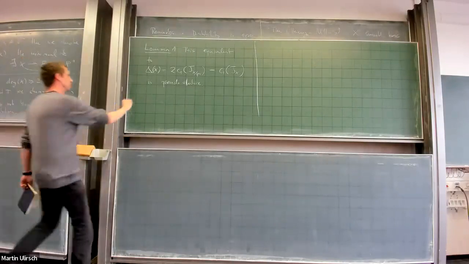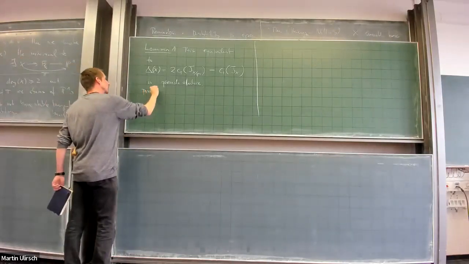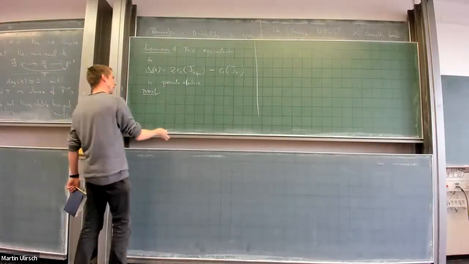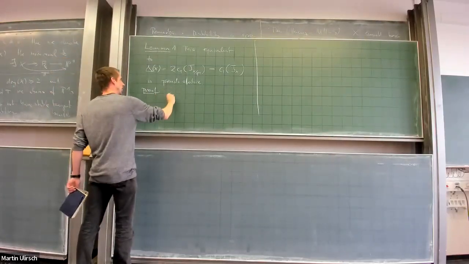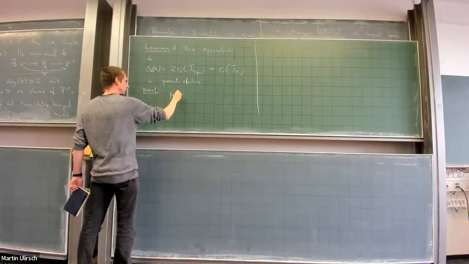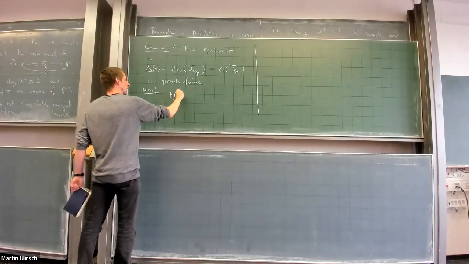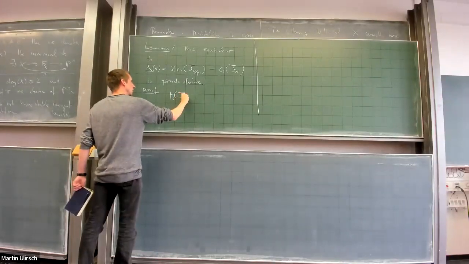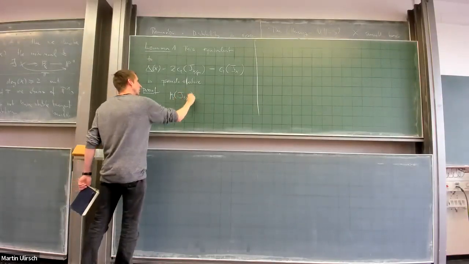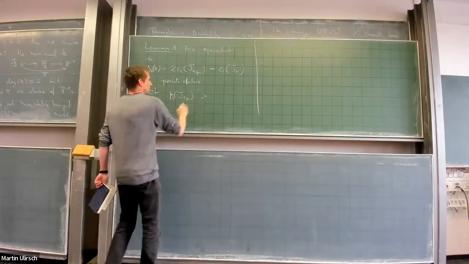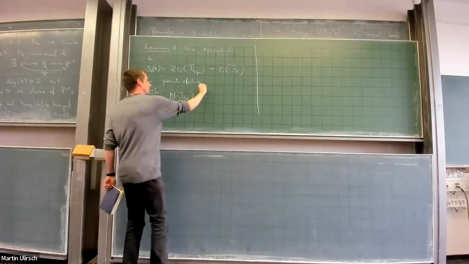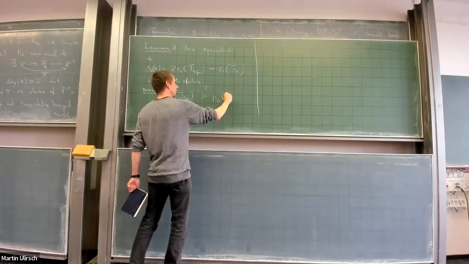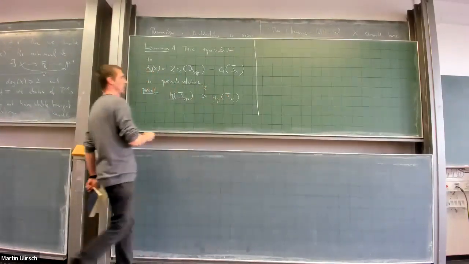Okay, let's prove this. I want to show that mu of the relative tangent bundle is strictly larger than mu of the original thing, the tangent bundle itself.